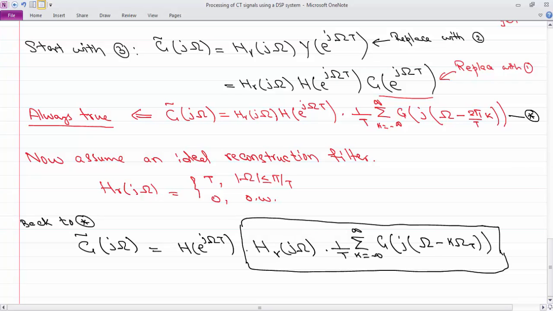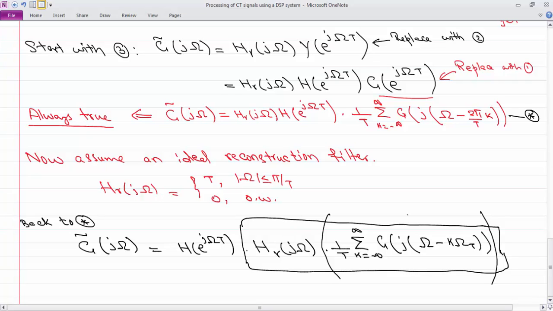And if I have an ideal reconstruction filter, then you only look at this summation from here to here. This summation is going from minus infinity to infinity because you are looking at multiple copies. But because of the ideal reconstruction filter, you only want to focus on minus pi by T to pi by T.